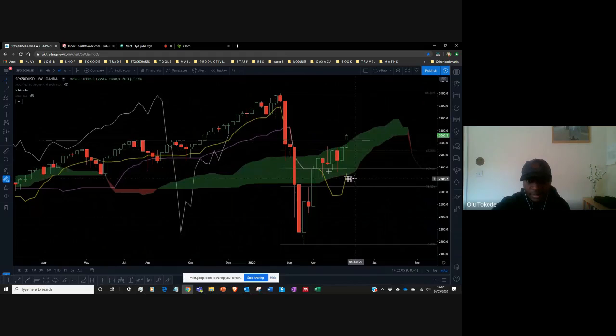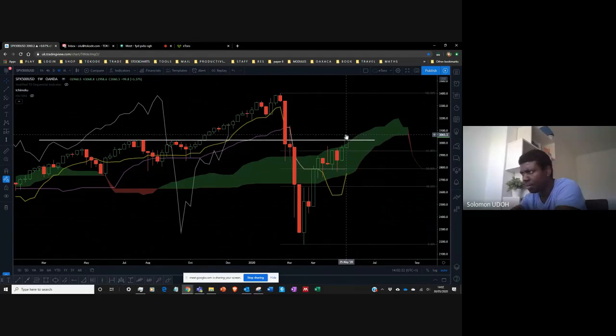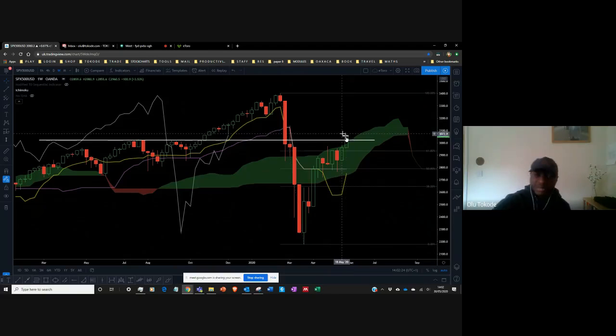With this indicator, the asset is bullish when price is above this green zone. So this week's candle has closed above that zone. So this looks bullish. But there are other things that need to align for this to be bullish.